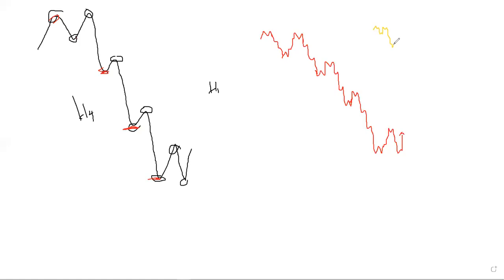The market pulled up back again. Then it gives us our M, our W. This is a peak structure on what time frame?